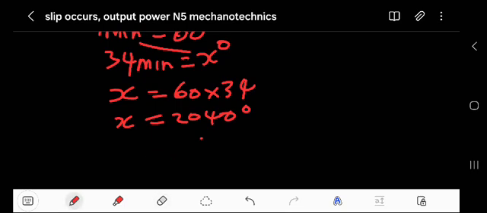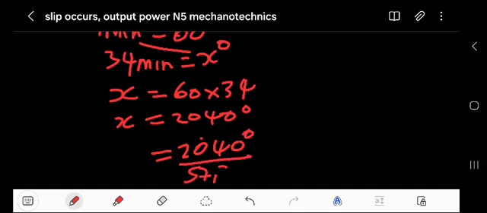In radians it will be divided by 57.3. I want this divided by 57.3, so it must be in radians.